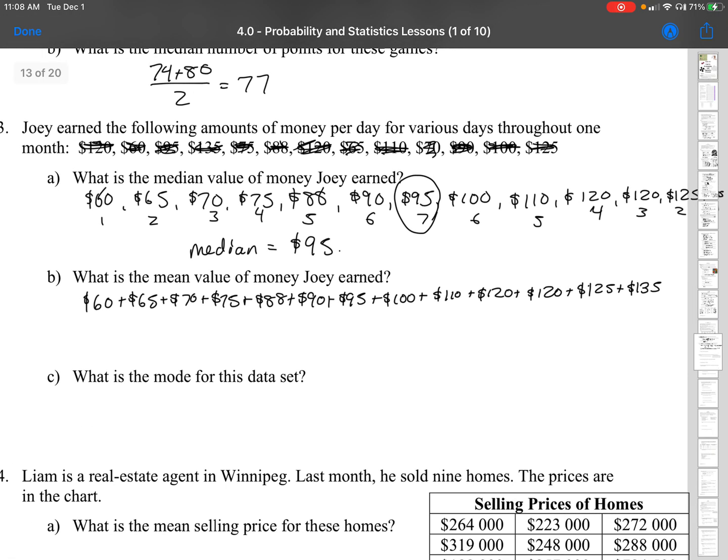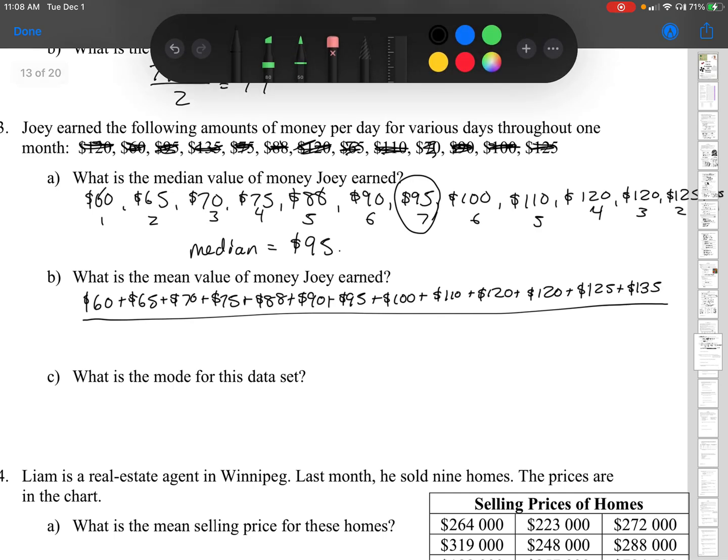And then see if I can do this properly. That's a pretty good line anyways. I'll just leave it as is. And that would be all divided by 13, which should give you, because I made the mistake of not adding the 135 in there, my mean is incorrect in my notes.